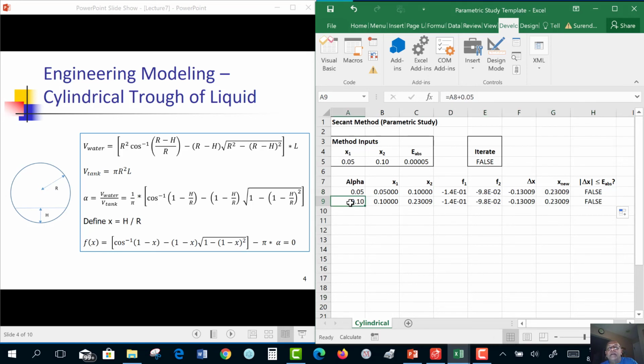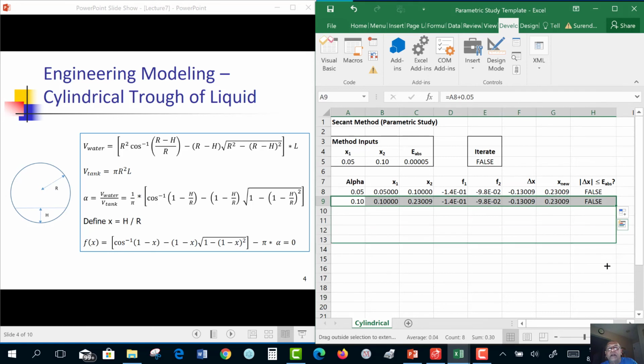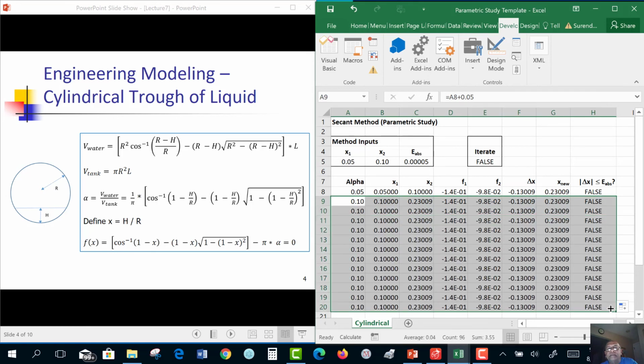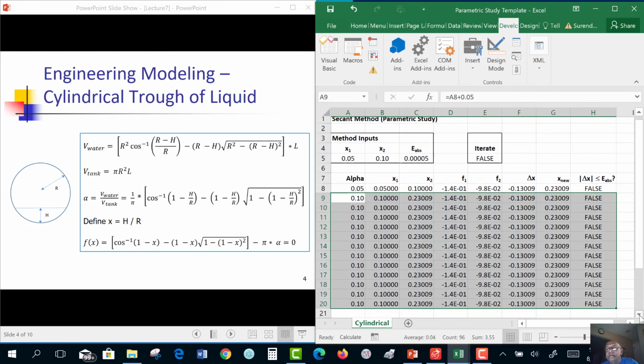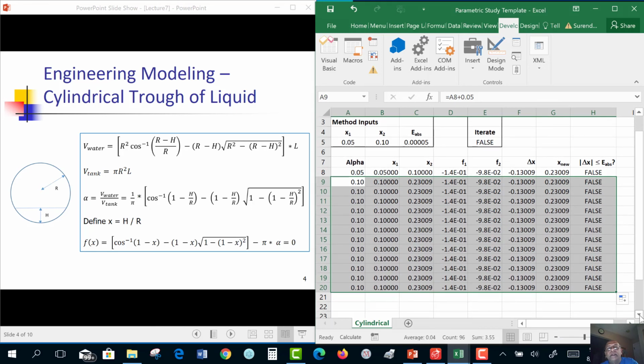So we are going to increment this up to about 1.95. No, let's see. Alpha can only go up to, let's see, 95%, right? We know the answer when it is 100%.